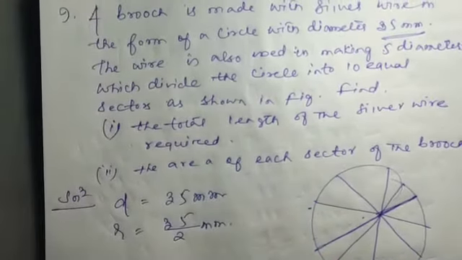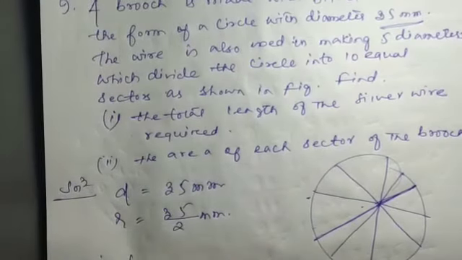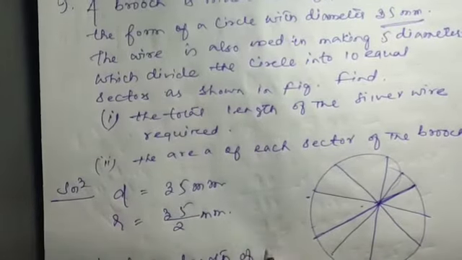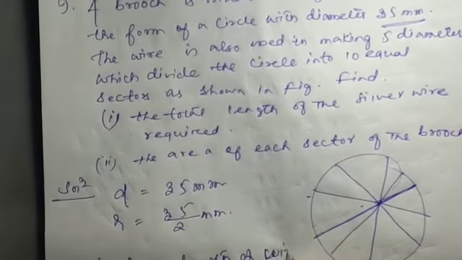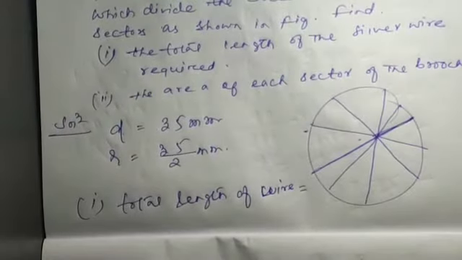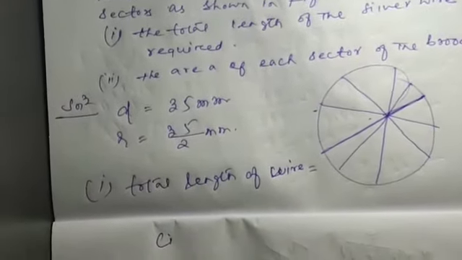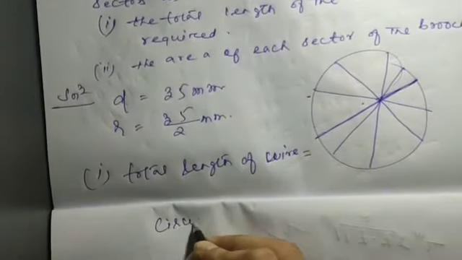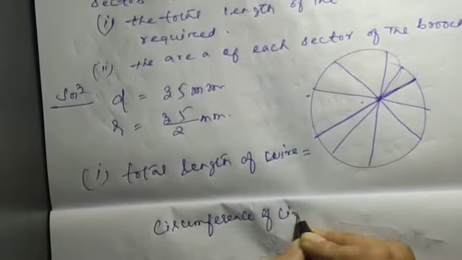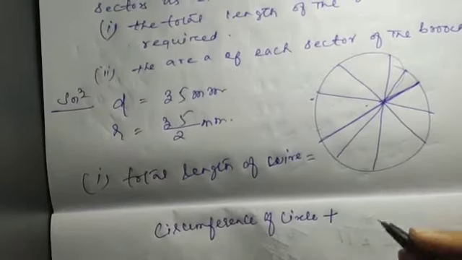So now, number 1, total length of wire. The wire is used to make this circle, so circumference of circle plus 5 diameters.